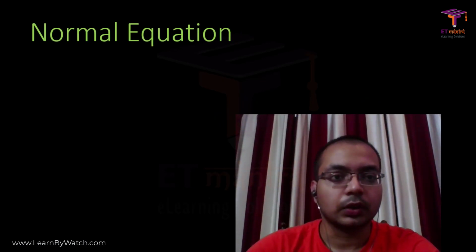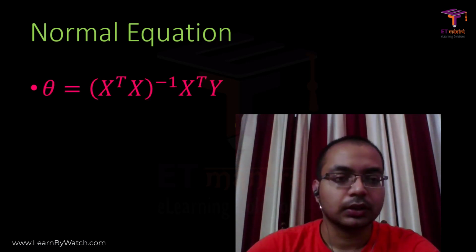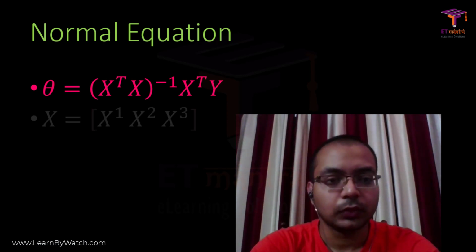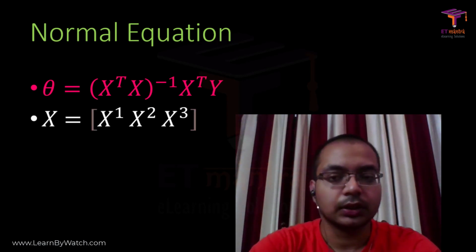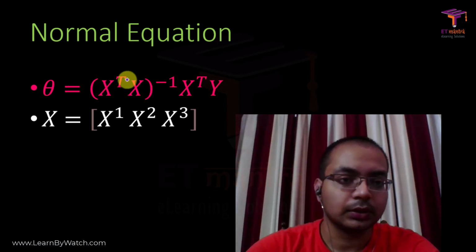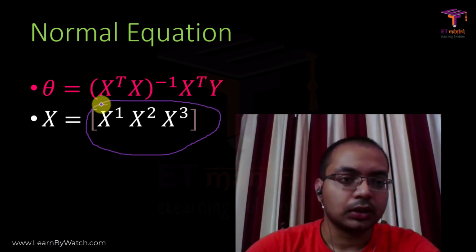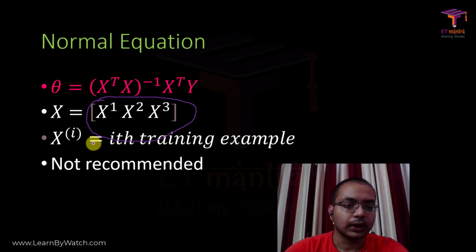Now we'll look at the normal equation and how it is used to predict the value of theta in one go. So this is the value of theta. We can find it using this formula, where x is our input variables and we have represented it in this form, and xi is the ith training example.